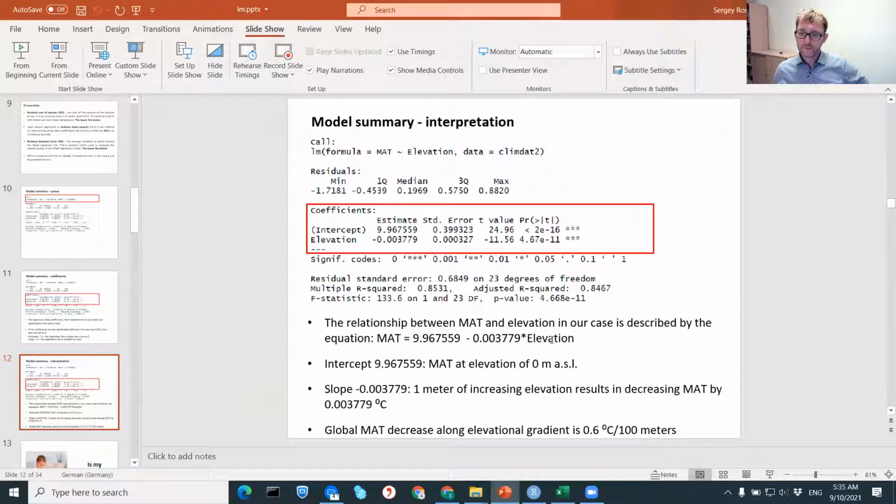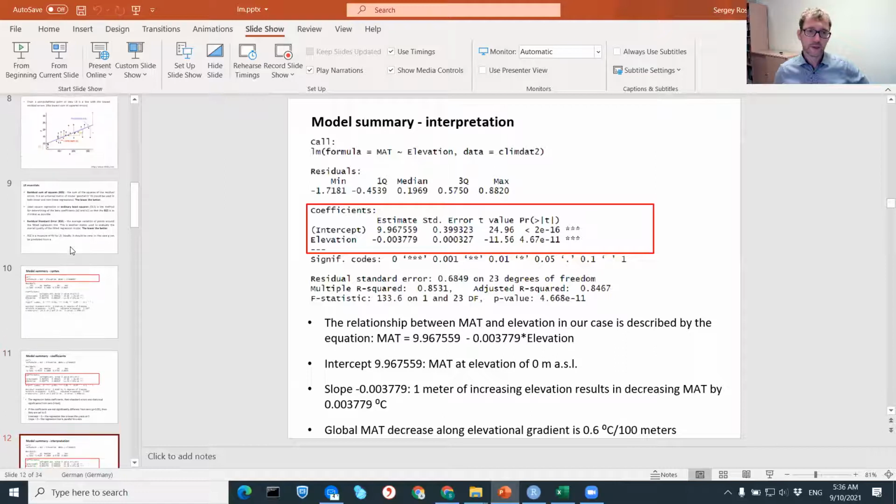So if elevation is 0, the mean annual temperature at this point will be 9.96 degrees Celsius. And the slope, this number, means that for 1 meter of increasing elevation, of course it could be decreasing if you go the other way down, mean annual temperature will decrease by 0.0037 degrees Celsius.